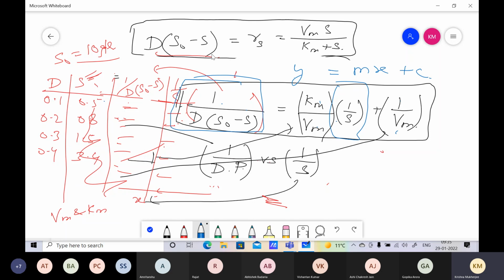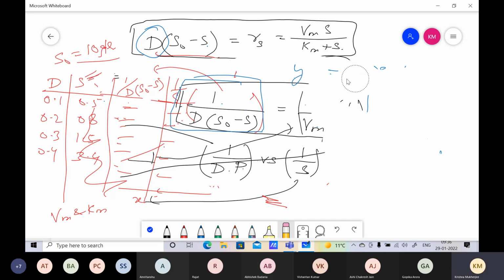For example, if S is measured with some amount of error, and D is a dilution rate with no significant error in its measurement, then it has to be written accordingly.